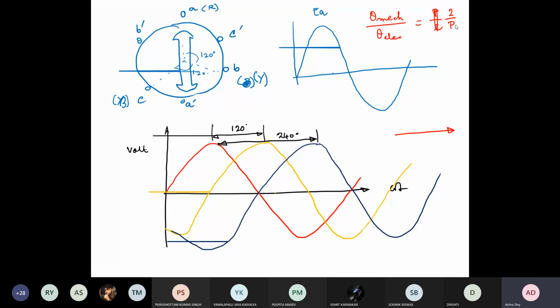And then if you go for the 6 pole, then it is one third of 120, so it will be 40 degree. So you have to space your A dash in that way so that you can get all those things. So this is the relation. Accordingly, when you have the one pole pair, then your theta electrical will be the same as theta mechanical, so we can place them 120 degree apart in the armature circuit.